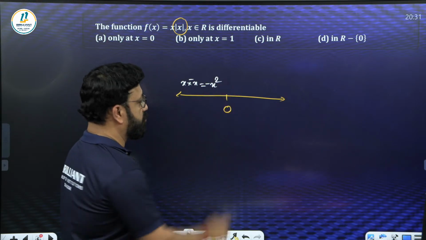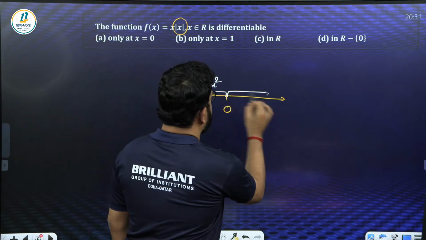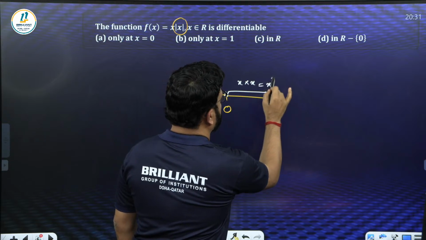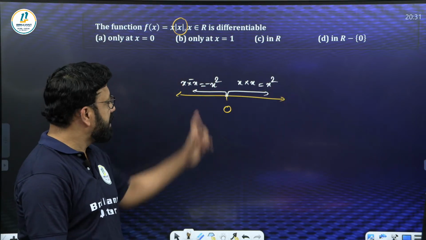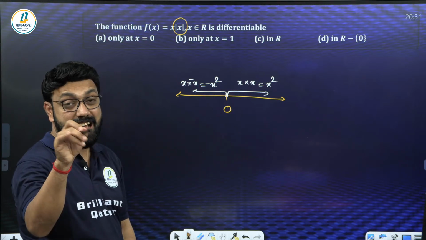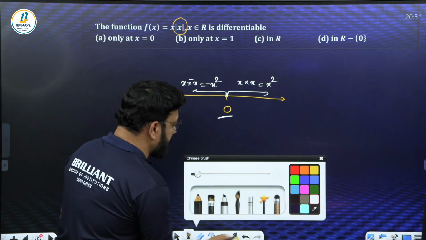On the right part, x times modulus of x goes to the positive part, x times x square. Minus x square, plus x square. But at x equal to what?